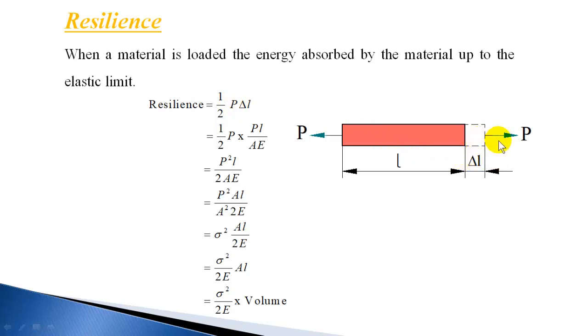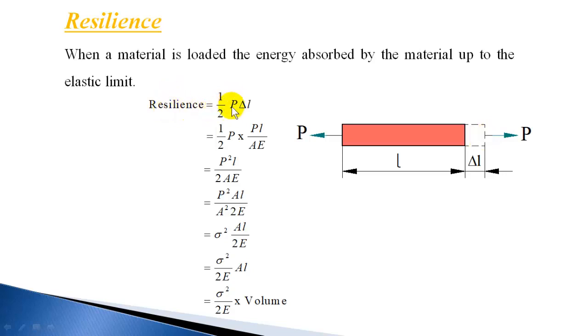This load is acting through a length, the change in length delta L. So the average load into the distance through which the load acts will give the work done. The average load is P/2 and the distance through which the load acts is delta L. So P/2 times delta L is the work done, and that will be stored as internal energy, or it is the energy absorbed by the material.